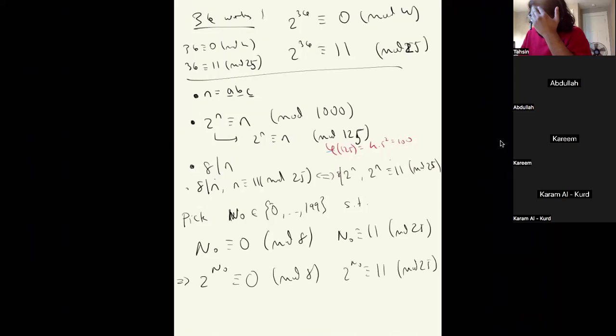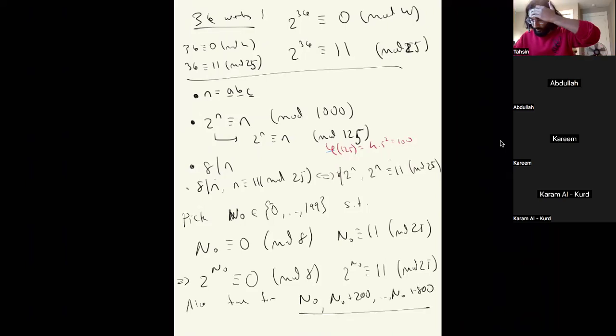But this is also true, right? So this is not only true for n0, but it's also true for n0 plus 200, all the way to n0 plus 800, right? It's true for these 5 as well.